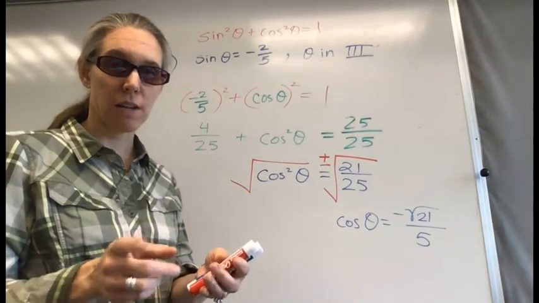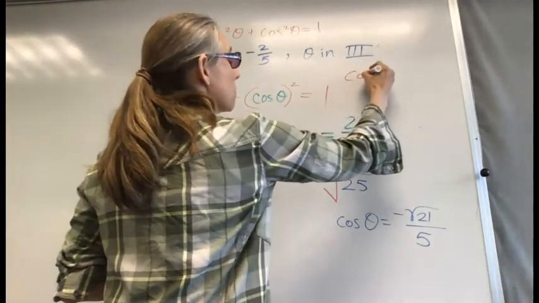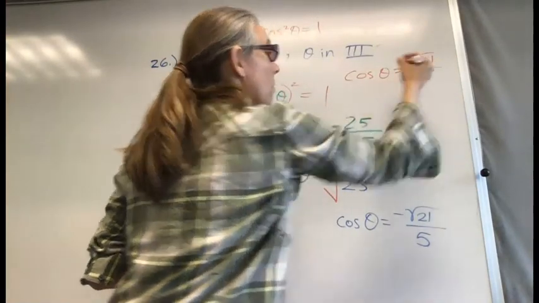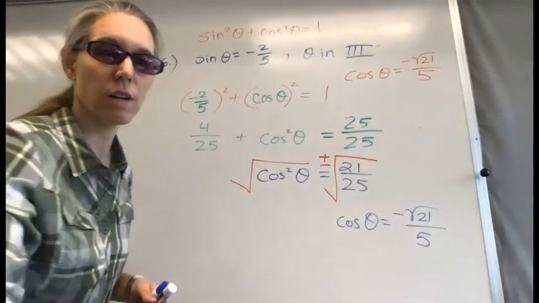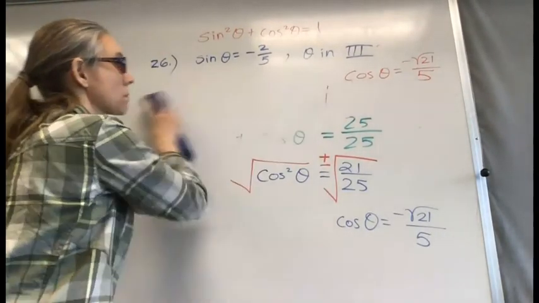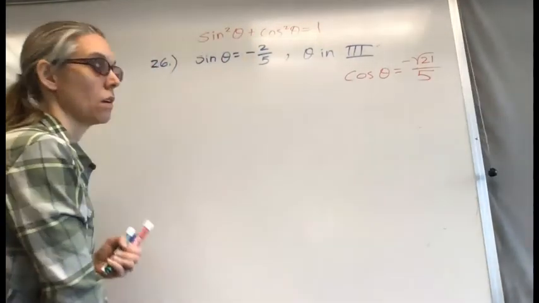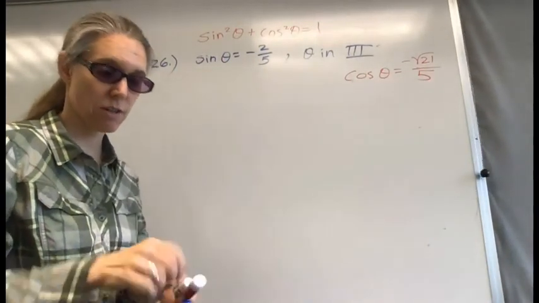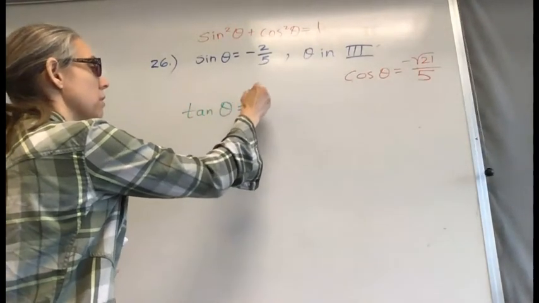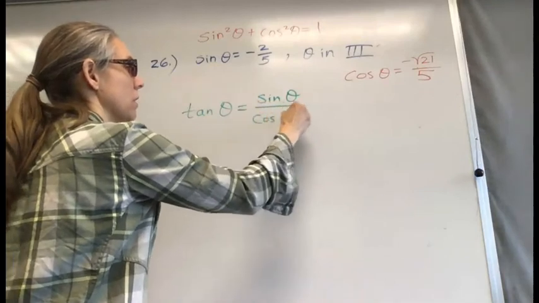Let me go ahead and write cosine theta up here, and erase the board so I can fill in the other 4 trig functions. We next can find tangent of theta by using the quotient identity, sine over cosine.